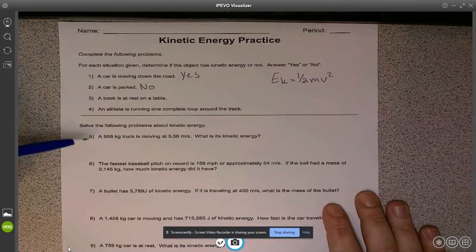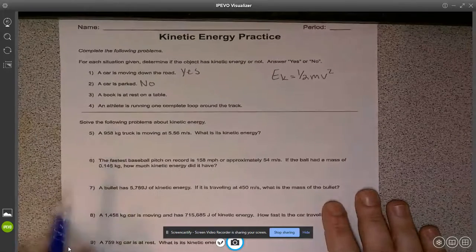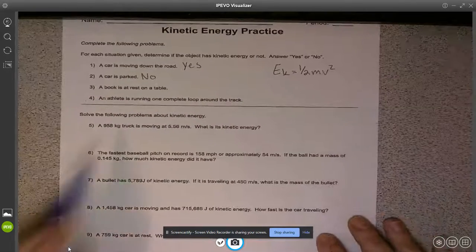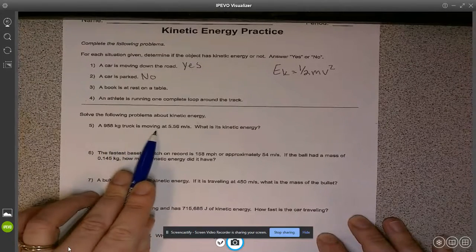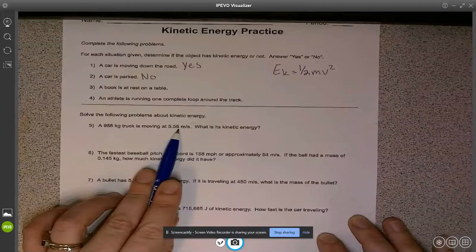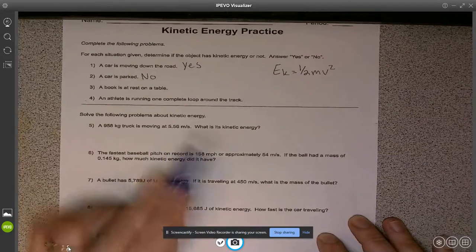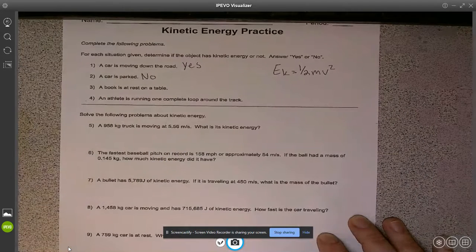So we're going to go over a couple of examples, a couple of word problems, calculate our kinetic energy, and then you'll have to have this in your notebooks. So let's get started. I have a 580 kilogram truck moving at 5.6 meters for every second. I need to figure out what the kinetic energy is. Well, that's going to be pretty easy.